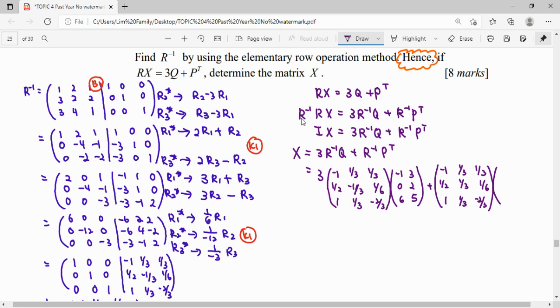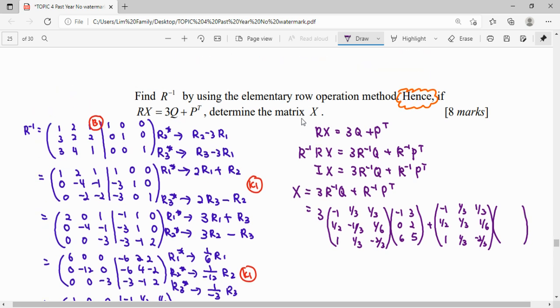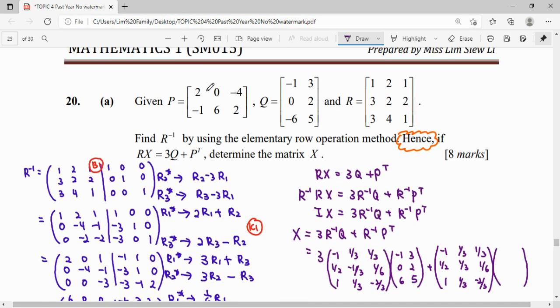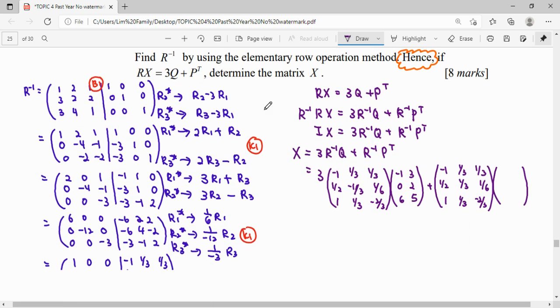So after P transpose, the row will become column. So two row will become two column. So it will become 204 and negative 162.